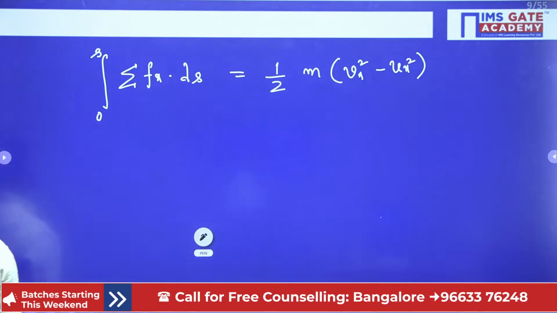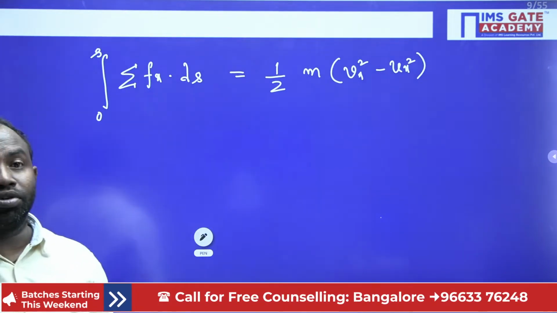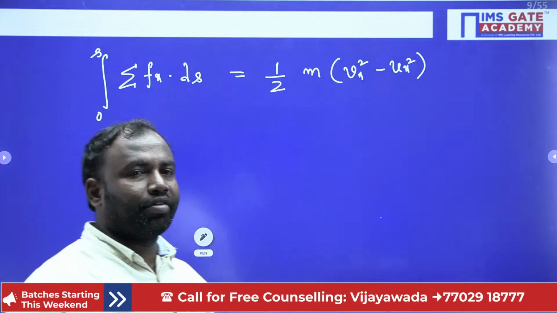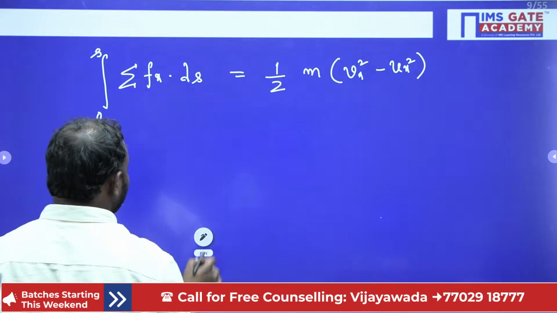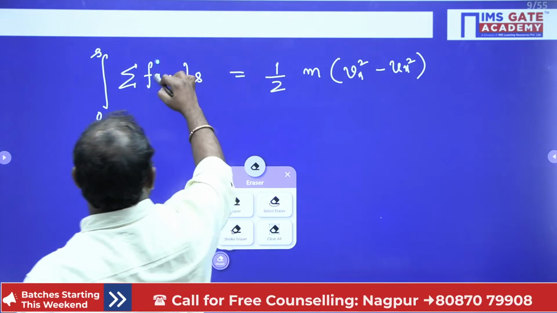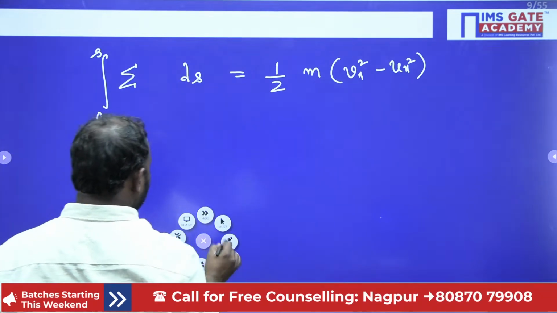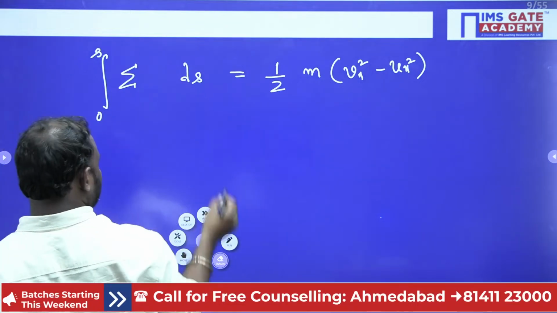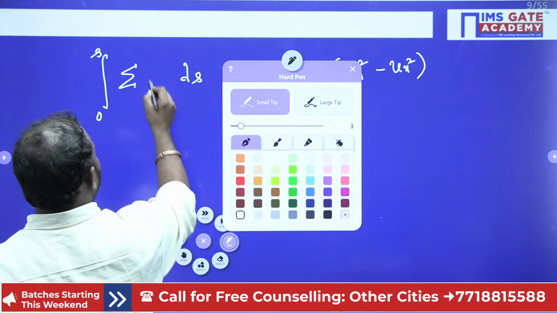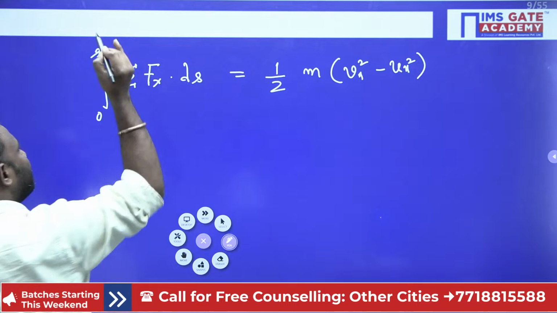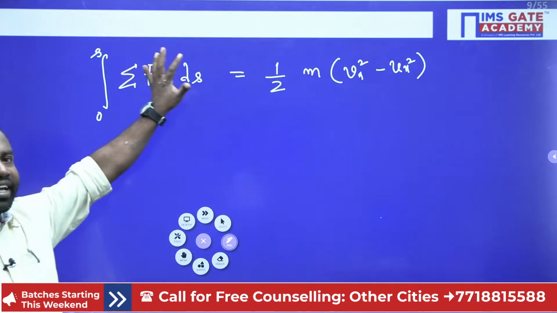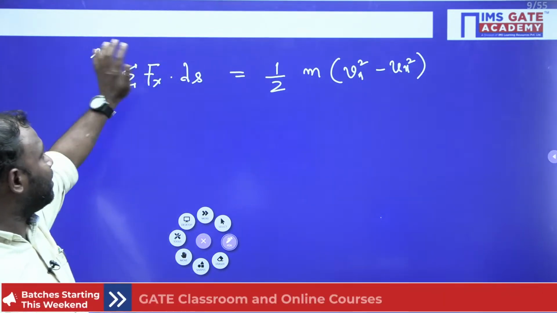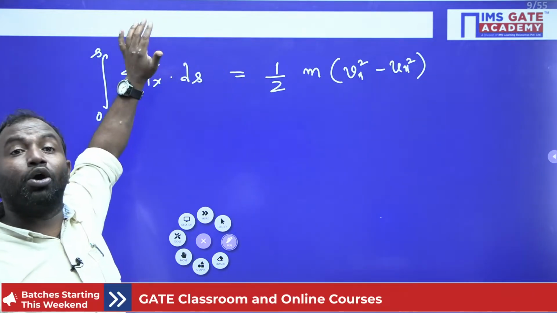We have to integrate whenever your sigma Fx is a function of displacement. Let me write this capital X, guys. You are not supposed to multiply the force with the displacement, you have to integrate.